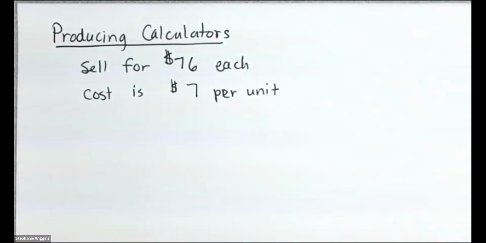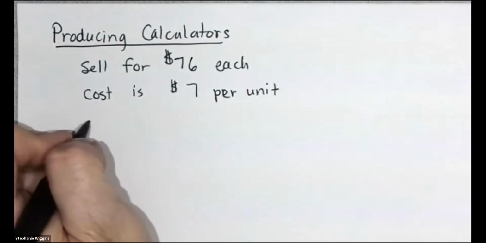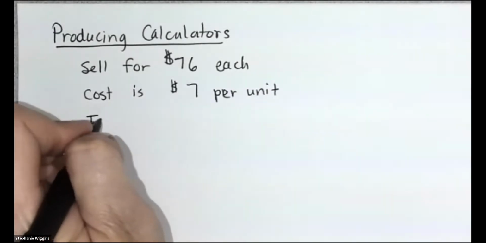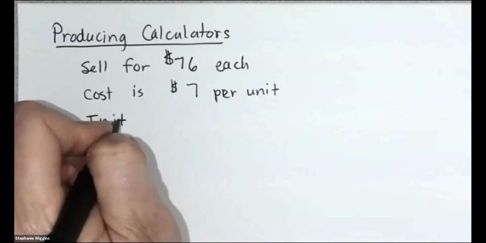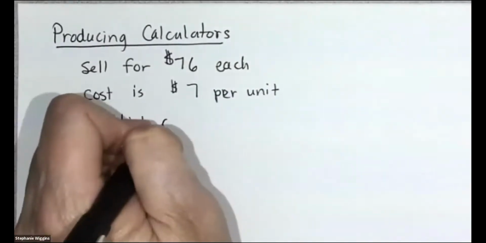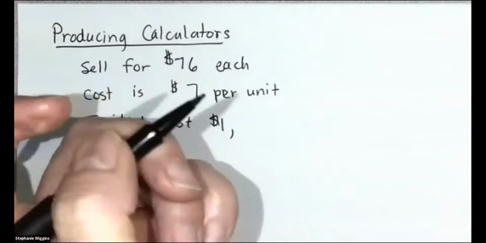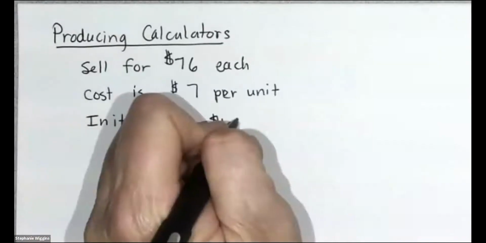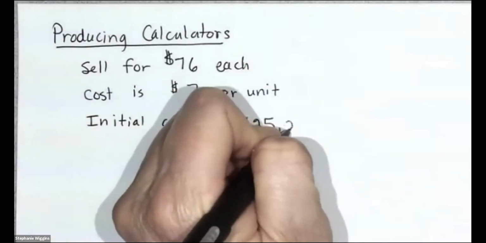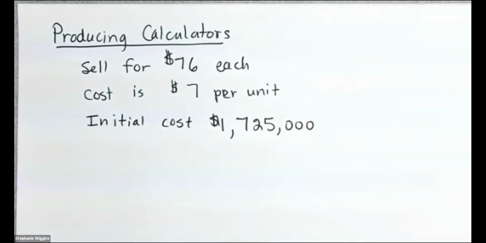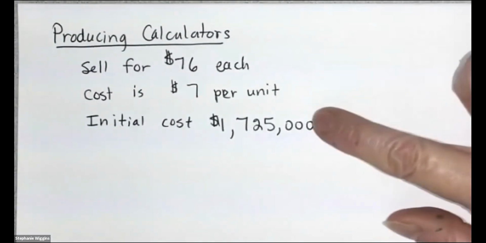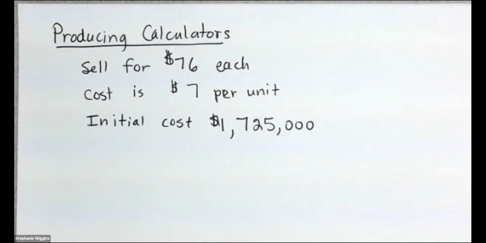And just to get the whole production line going, the initial cost to even set up your operation is going to be, let's say, $1,725,000. Just to set up the whole production line, $1,725,000. So you pay this out to start with, and then you start producing the product, which is the calculators.